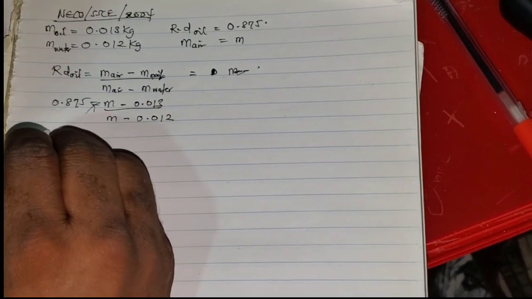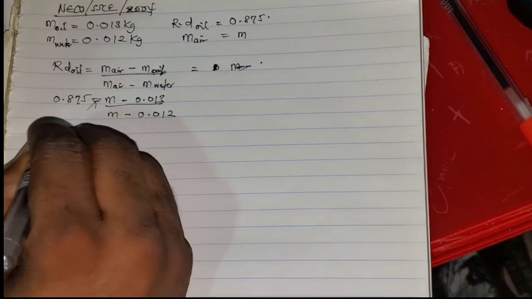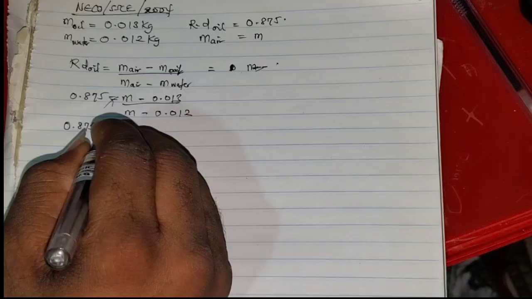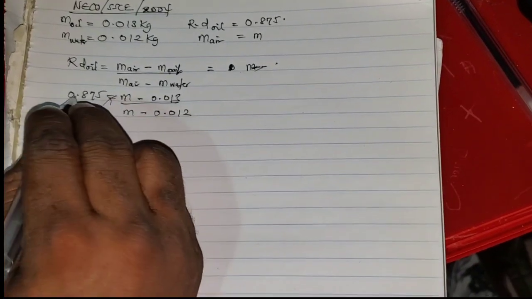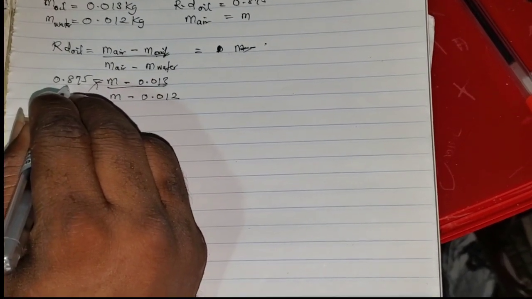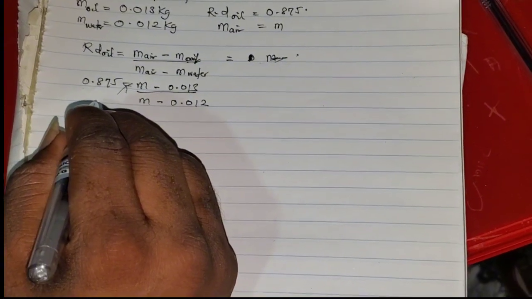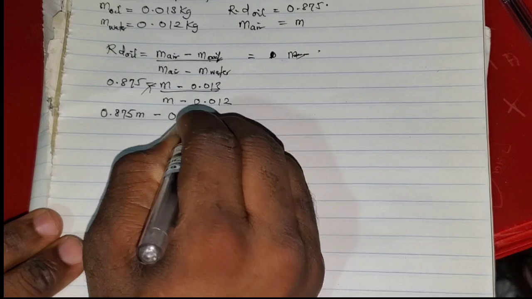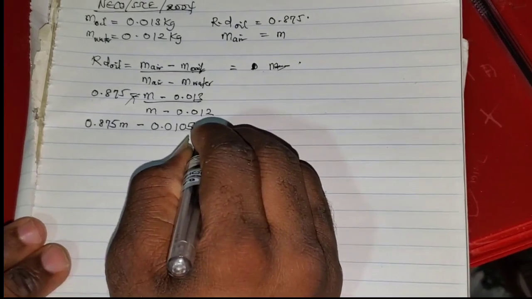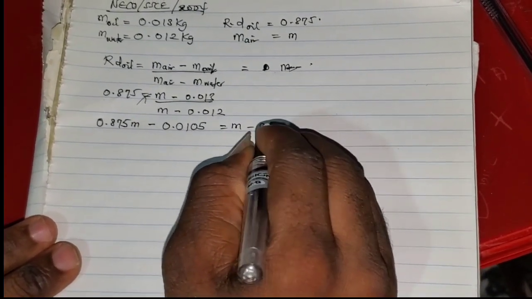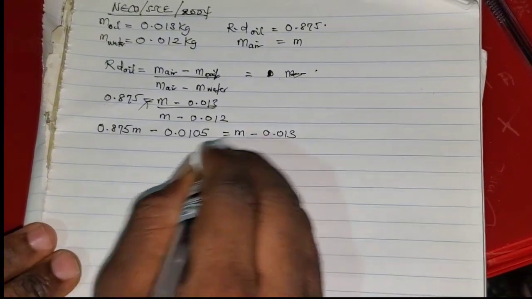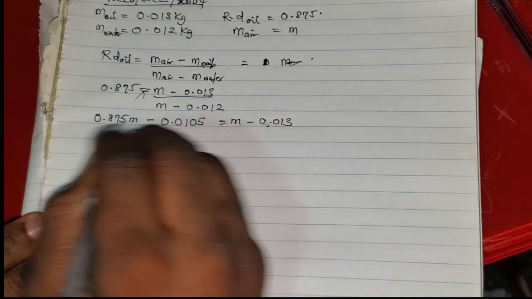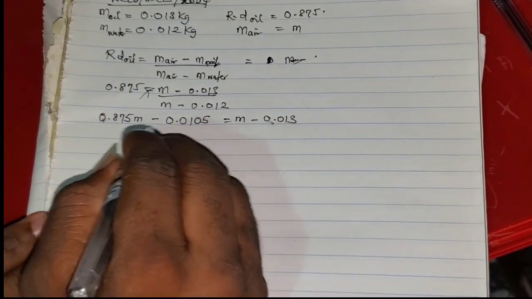This will give us 0.875 times (M minus 0.012), so we multiply 0.875 times 0.012, and that will give us 0.0105, which equals M minus 0.013. Let's take this M to this side, bring the smaller number to the other side.